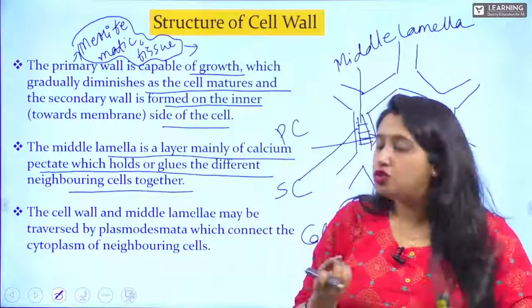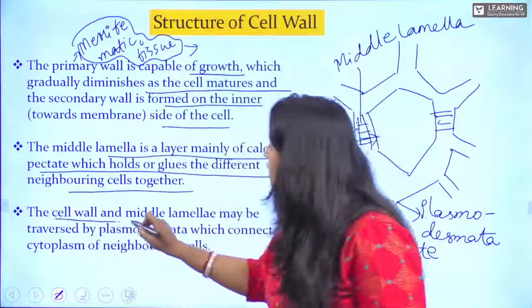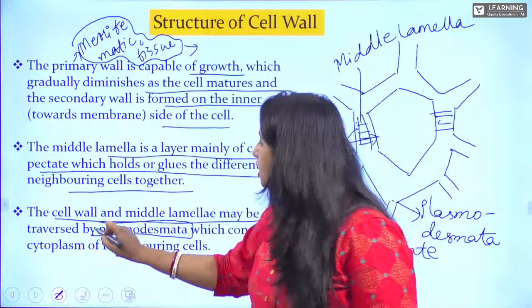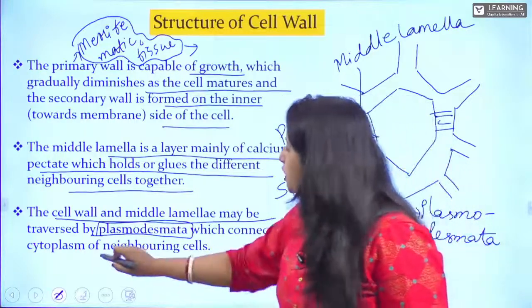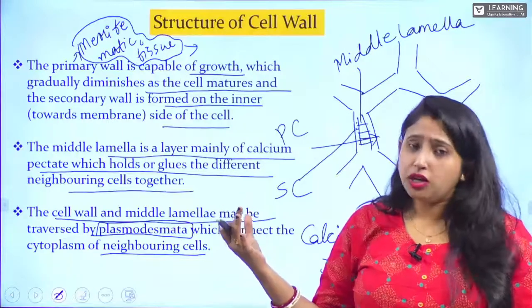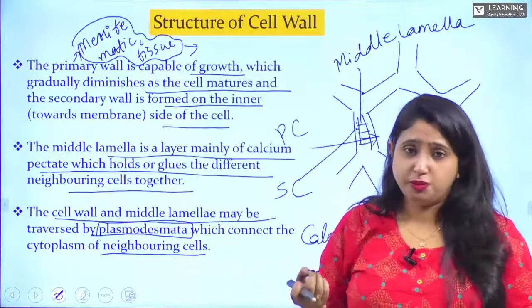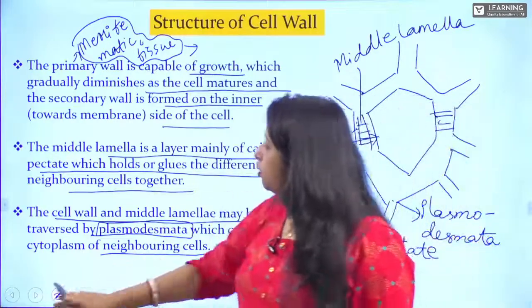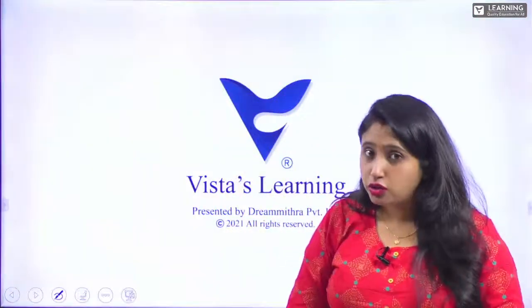And it helps in cell-to-cell communication. The cell wall and the middle lamella may be traversed by plasmodesmata, which connect the cytoplasm of the neighboring cells. So this is how the structure of the cell wall looks like, right?